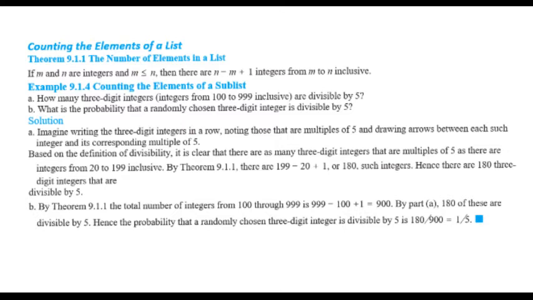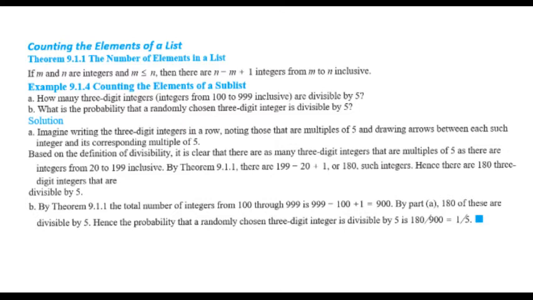But you can also use this theorem to find the number of integers from 1 to 100 inclusive. You can say 100 minus 1 plus 1. So 100 minus 1 plus 1 becomes 100. So using this theorem, you can also prove that there are 100 numbers between 1 and 100 inclusive.